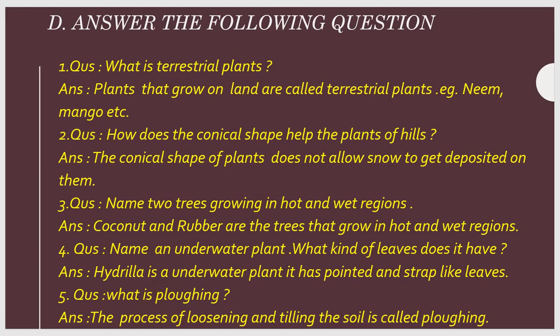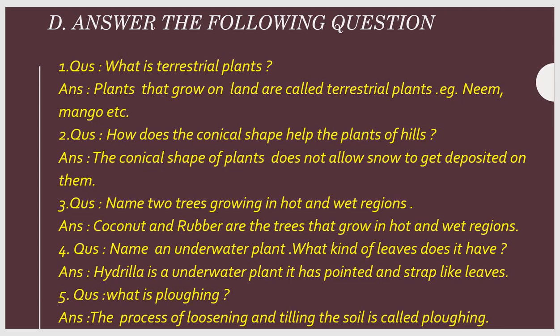At that time, they start loosening and tilling the soil, and that process of loosening and tilling the soil is called plowing.